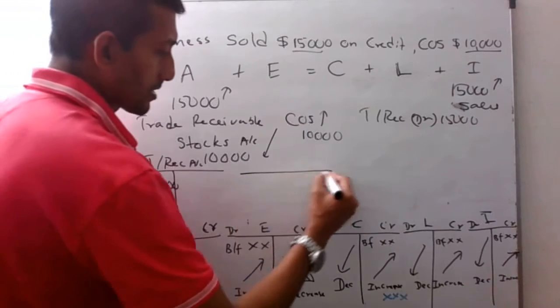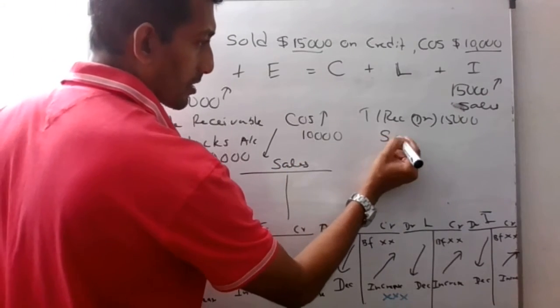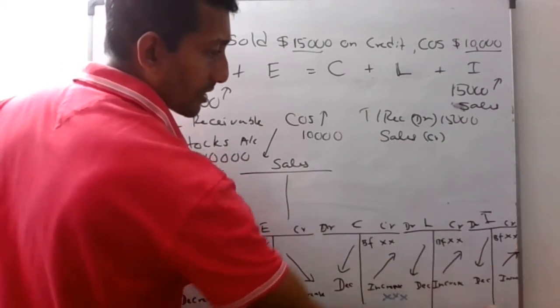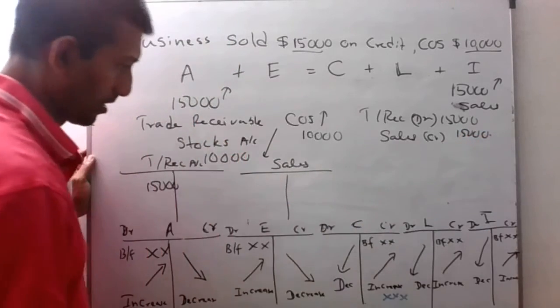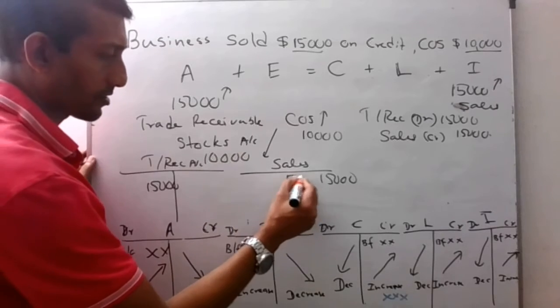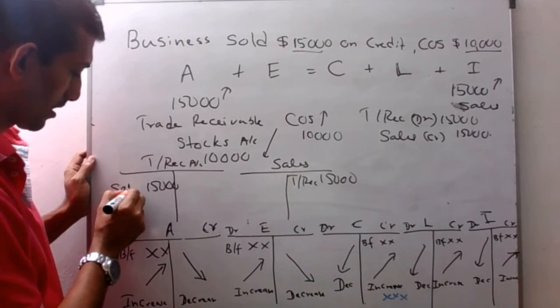At the same time, I see a sales account or an income account where I'm going to credit because sale, I'm going to increase my sale by 15,000. So my sales account would credit 15,000. I'll write trade receivables here and here I will say sales.